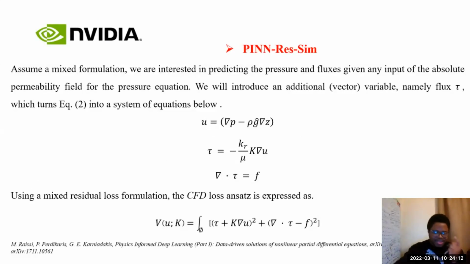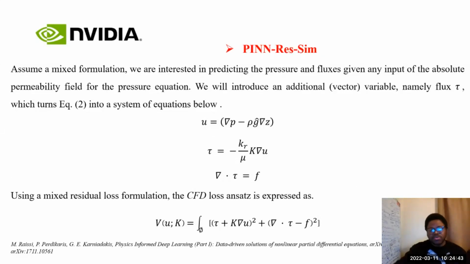Now, for us to solve that expression, we first have to break it down using a mixed residual loss function. There's elegant maths by Rasa and Karniadakis that shows that this kind of loss function is useful for Darcy flow type problems. If you break that expression down into subparts, where U is the potential now, remember, if you don't have any height, if it's just a flat reservoir, then this can be ignored.